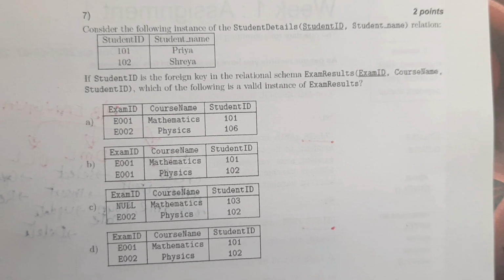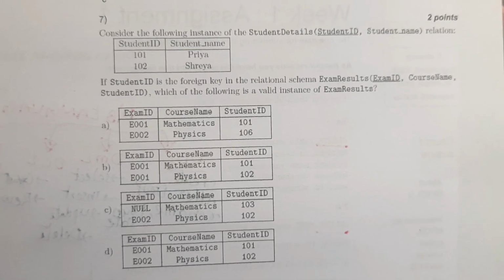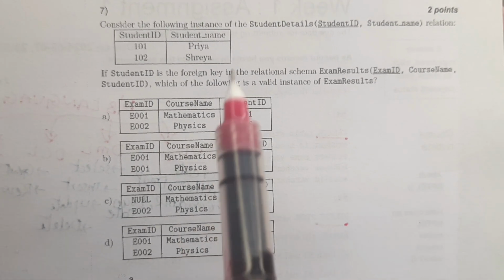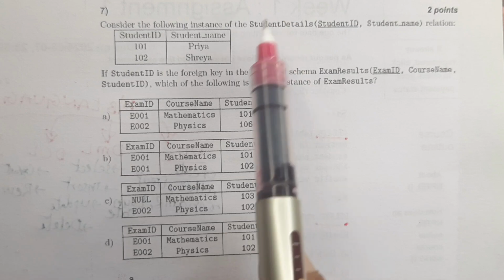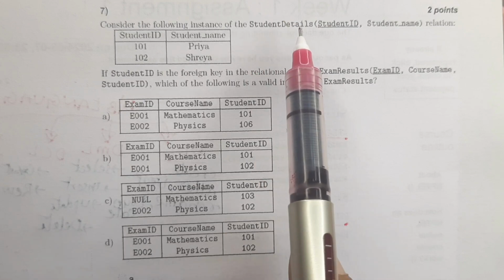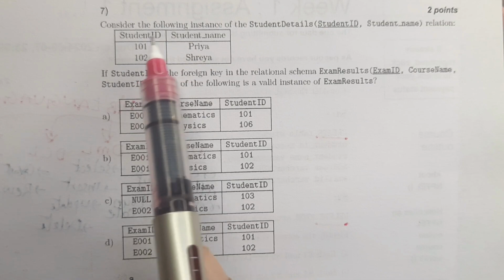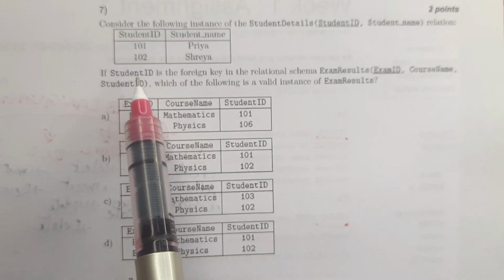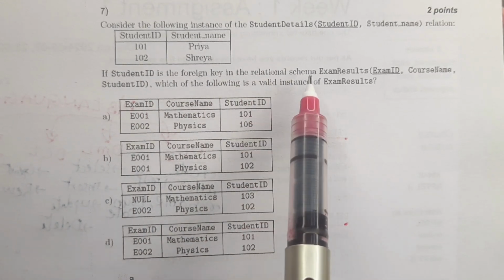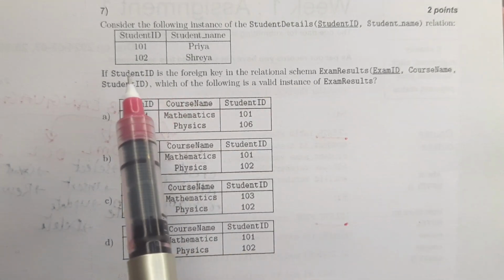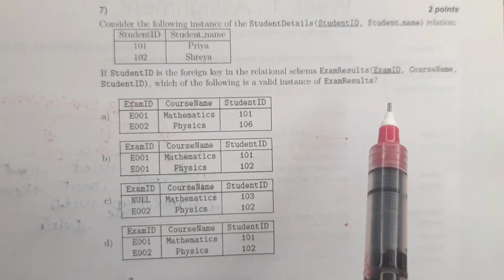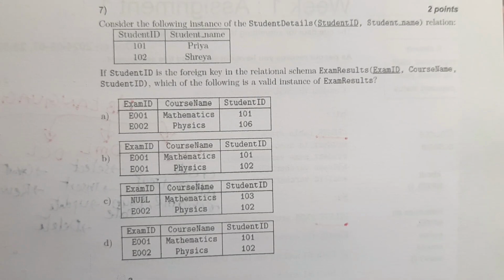Now you can see what question they have given. Consider the relation. The name of the student relation is student details: student ID, student name. So there are two things, student ID and student name. If the student ID is a foreign key in the relation of exam results, which of the following is valid for exam results?